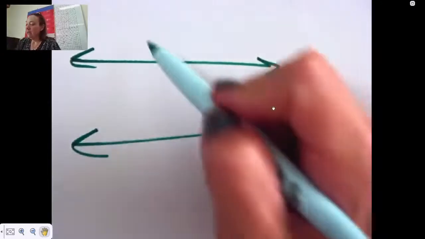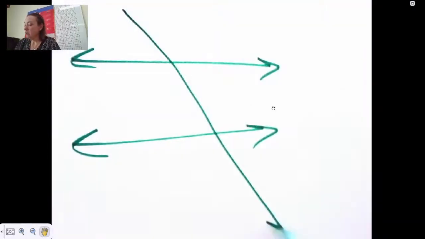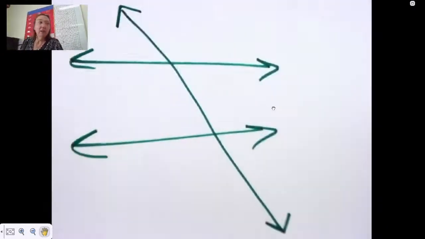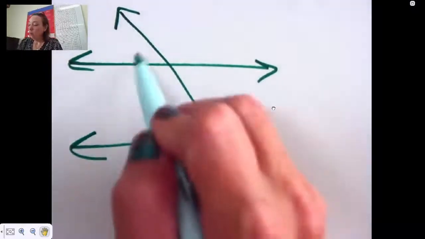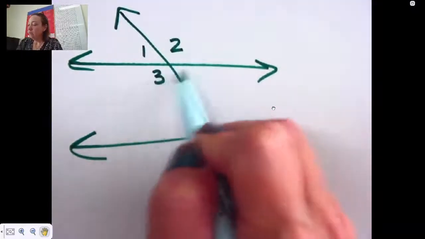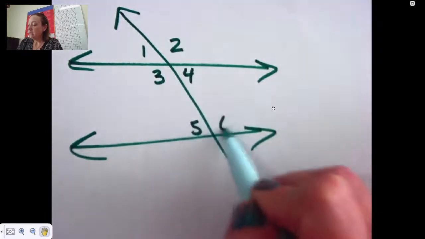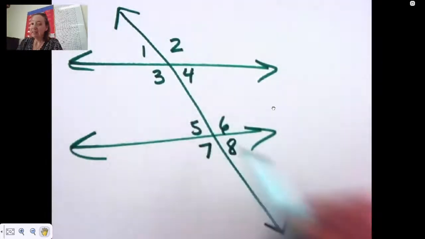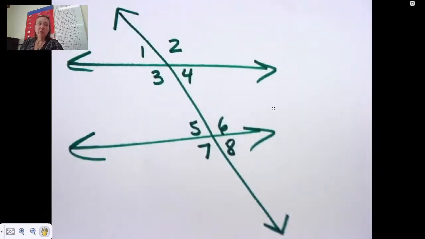And then you're going to make 1 line that goes across those 2 lines, creating 1, 2, 3, 4, 5, 6, 7, 8 angles. Okay? So it should look about like this. Now these lines should be straight, but I'm not going to bother with a ruler right now. This is your notes.